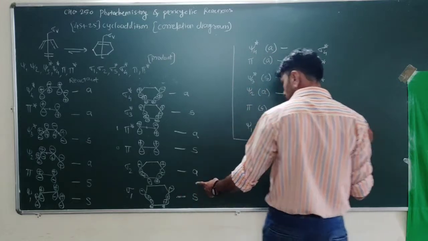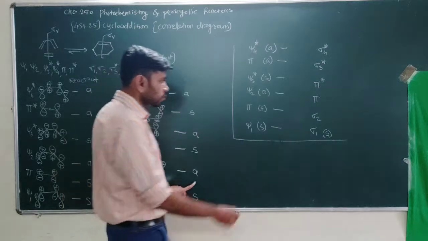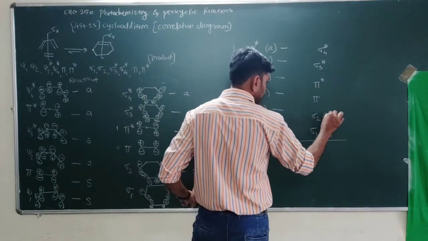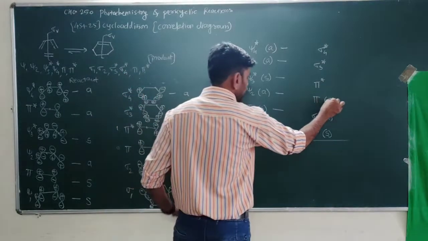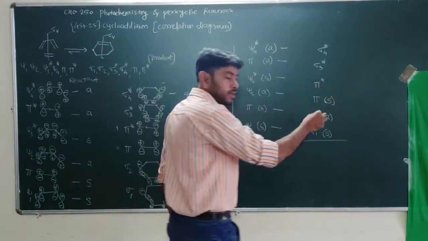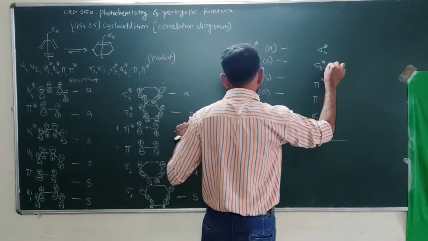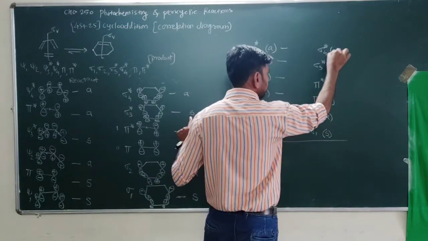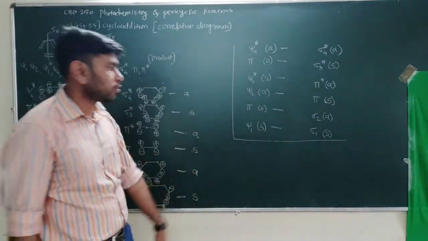Second, sigma 2 is asymmetric. Pi is again a symmetric orbital. Pi star is asymmetric. Sigma 3 star is symmetric, and sigma 4 star is asymmetric. So these are the product orbitals and their symmetries.